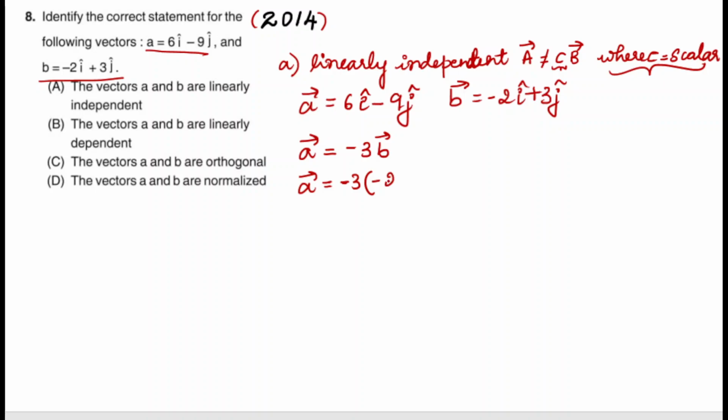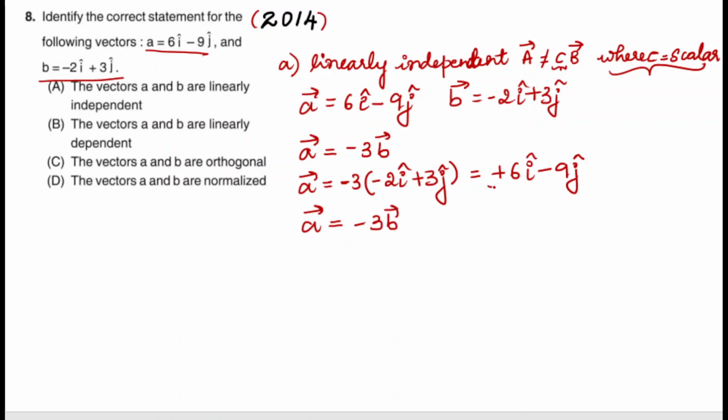B vector is minus 2 times of i cap plus 3 times of j cap. Now on solving, I got minus of minus, it will be plus 6 times of i cap minus 3 threes are 9 times of j cap. So this a vector is equal to minus 3 times of b vector.